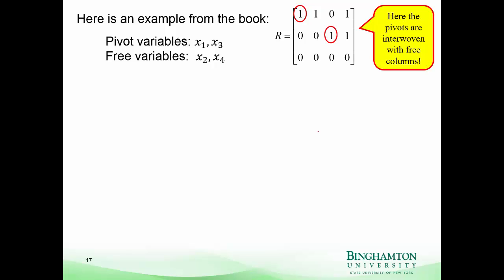So here's our R matrix. This is after the reduced row echelon form has been computed. And we can see our pivots. So here's one pivot, here's the other pivot. I already have them nicely indicated there. And you'll notice a couple of things. That means this is a free column, that is a free column, and you can see that they are interwoven.